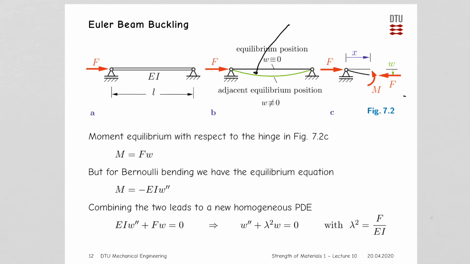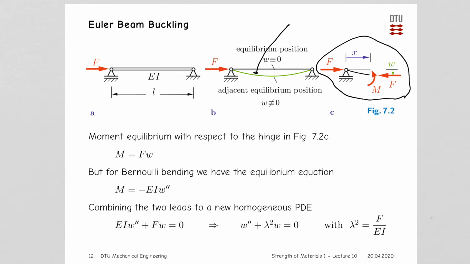So if we look at the simple indication here of forces and moments on a beam in the buckle position, we take out a short section or a short part of the beam close to the left boundary condition where we have the axial force.